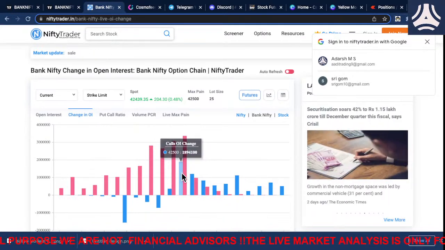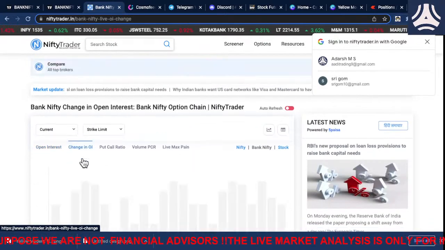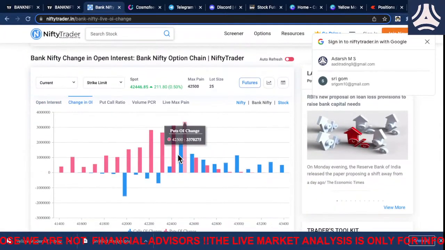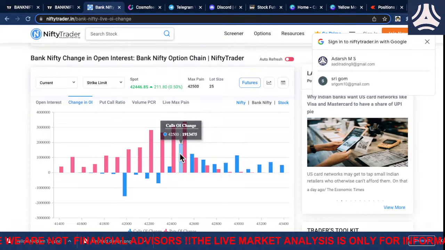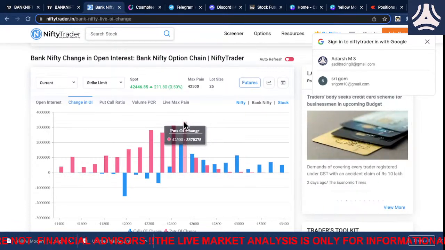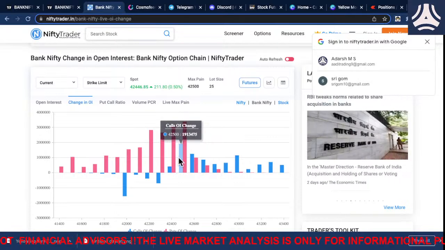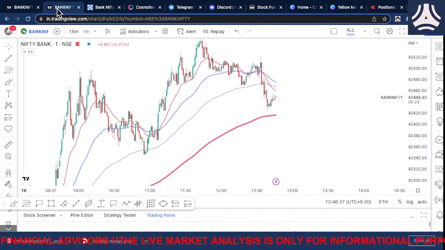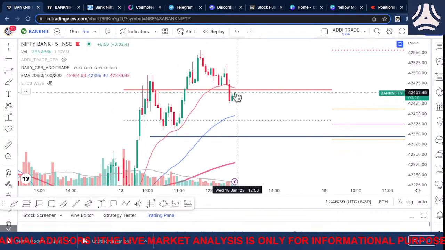This is at 18. Let's see if there's any change in that. This is still okay. Some call writing has increased. This is still 33. If you see this red bar, the put writing is coming down, right, and this is increasing, that's when we will see a fall here too.